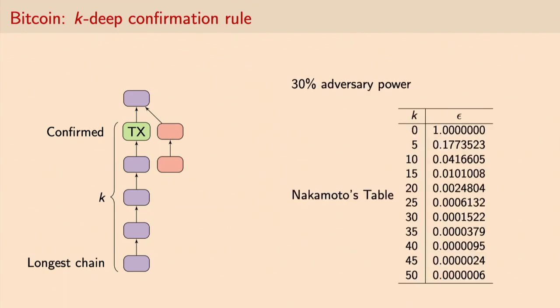So Nakamoto did the calculation in his white paper. He made a table, and when we consider a 30% adversary, in order to get a 0.1% probability of being attacked, we have to wait for 25 blocks deep. So that's 250 minutes.